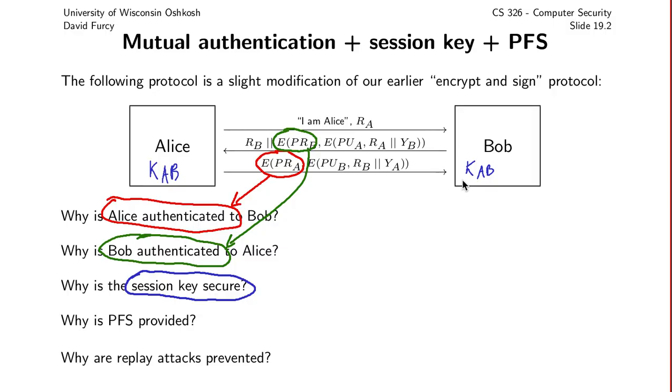First of all, notice that the message that Bob sends to Alice is encrypted with Alice's public key. Therefore, only Alice is going to be able to decrypt it and access the Y value. Similarly, when Alice responds to Bob in the last message, she uses his public key, so only Bob is going to be able to decrypt this message.